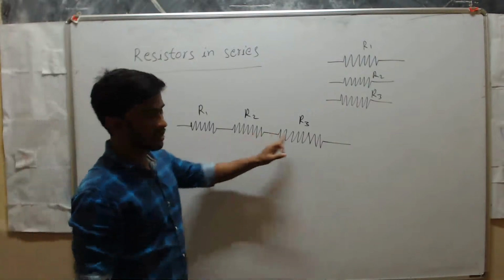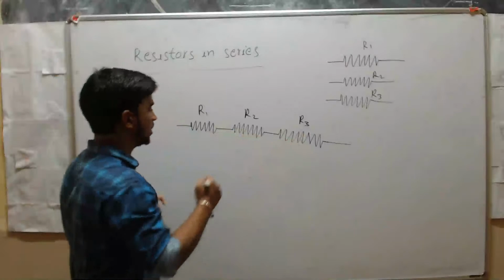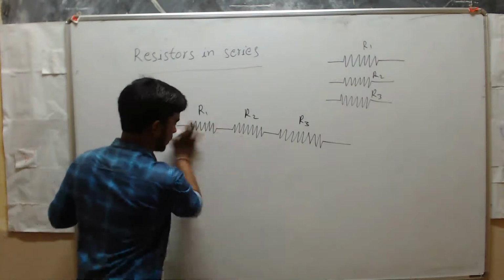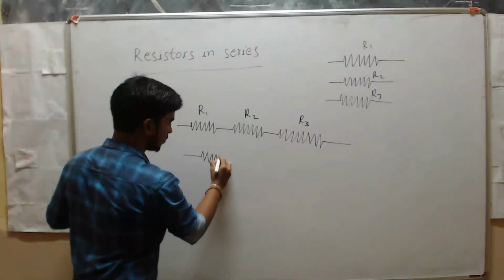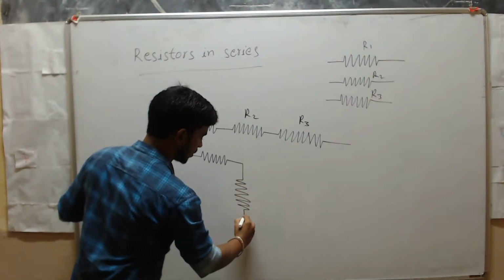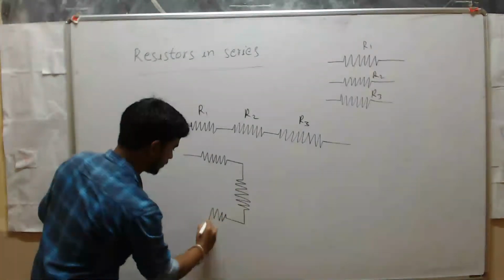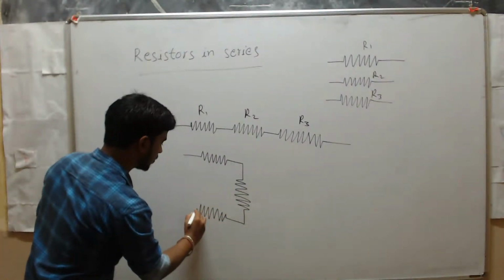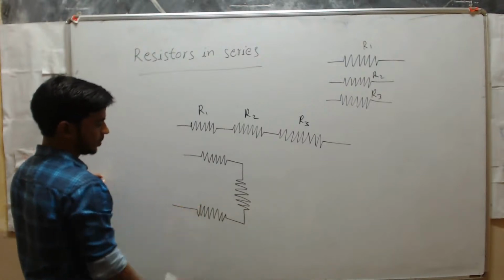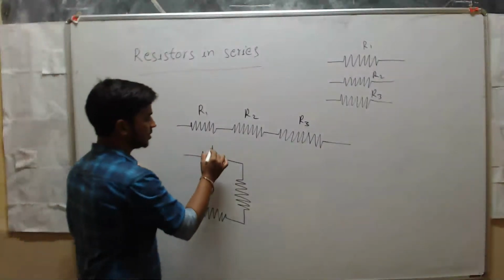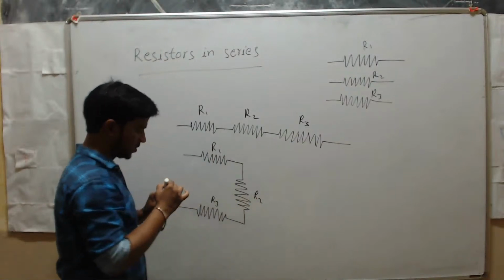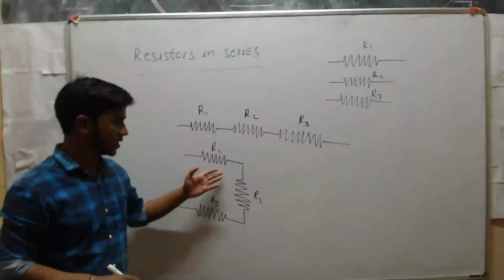Now you can draw this diagram like this, and you can draw this like this also. Here also we can say that these R1, R2, and R3 are also in series.